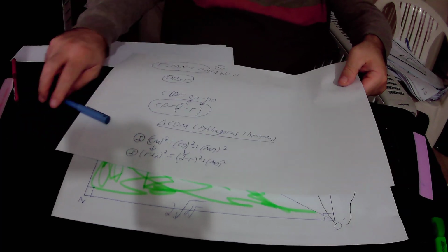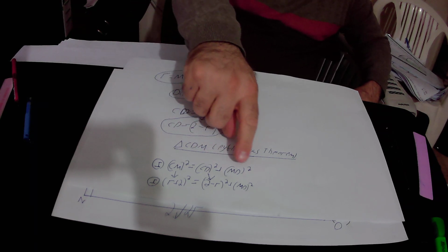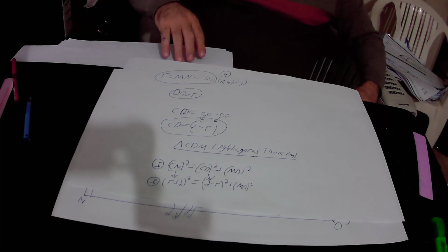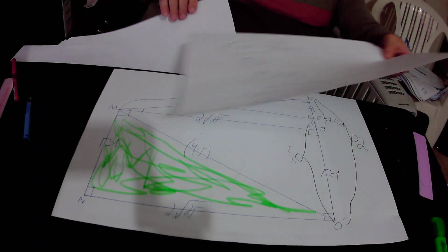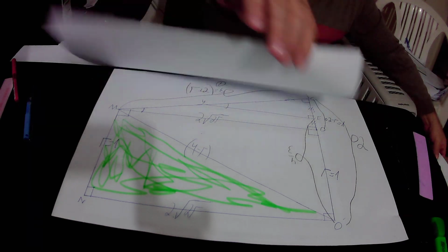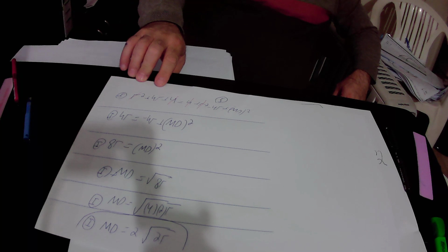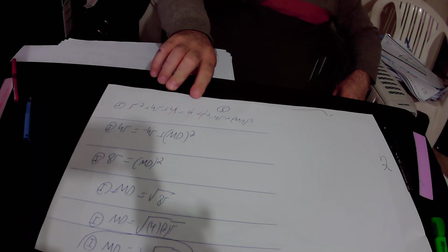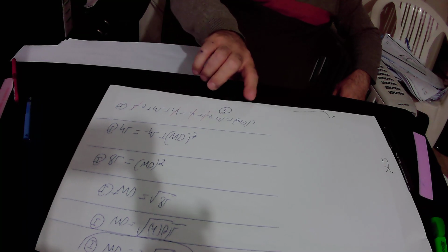So (R plus 2) squared equals (2 minus R) squared plus MD squared. We open the brackets in equation number 1 and we get that R squared plus 4R plus 4 equals 4 plus R squared minus 4R plus MD squared.